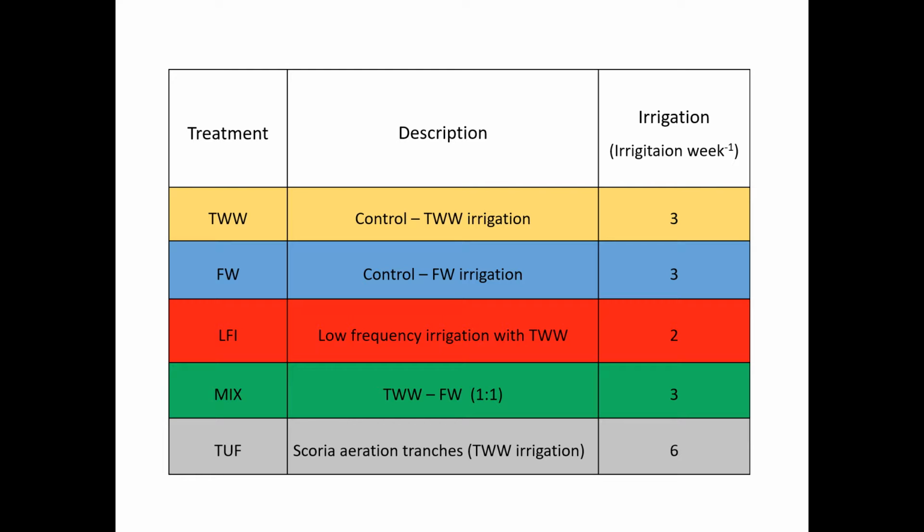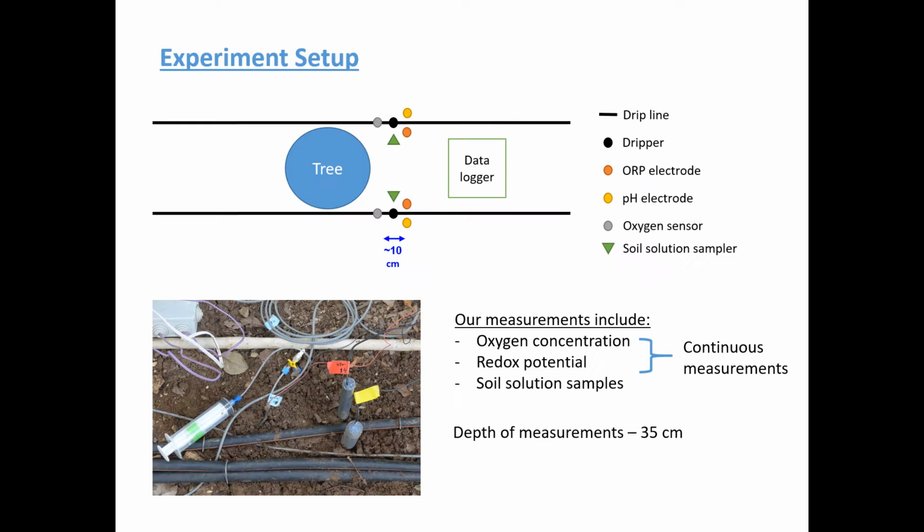That's a very common treatment for aeration in orchards, very common in Israel. We do it when we have a problem with aeration in the root zone. So this is a scheme of how we put up the experiment setup in the field.